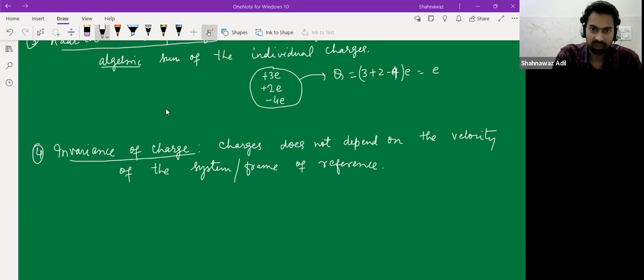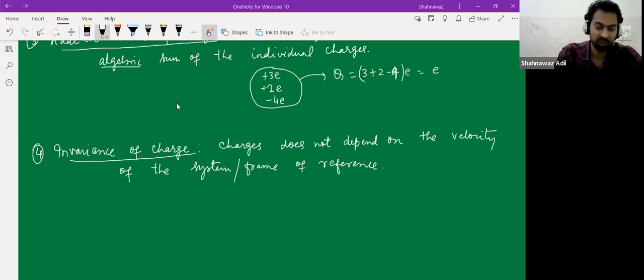Okay, yes, the fourth property is also an important property, guys. When you go into higher classes, you will learn about the Lorentz transformation, rotational transformation, and translation. In all those transformations, the values change, but the charge will not change.